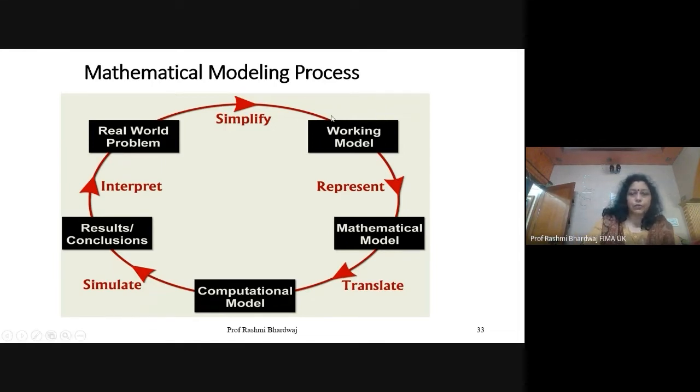Then we translate this mathematical model into a computational model, as asked by Jyoti also, to find out the solution of this. Then we simulate and find the results and conclusion, and we interpret these results and conclusion in terms of the real world problem again.